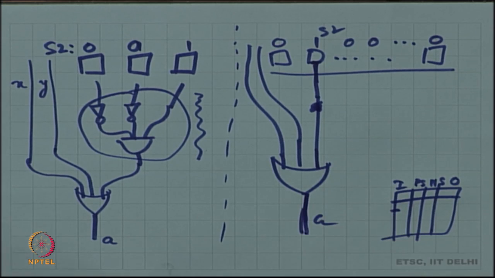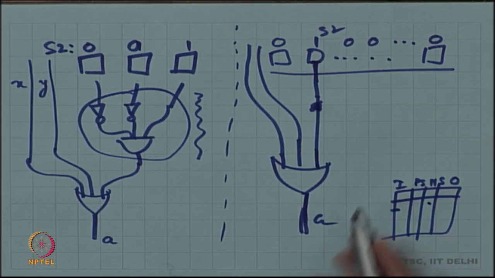This could well have been one of those next state lines. Same logic. In order to find that the next state should be S2, what do you need to do? You need to check whether current state is S1 and the inputs are such and such, and that decoding is omitted in that logic also.